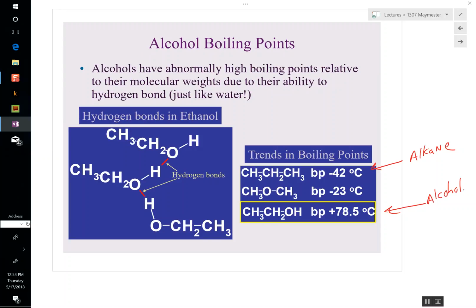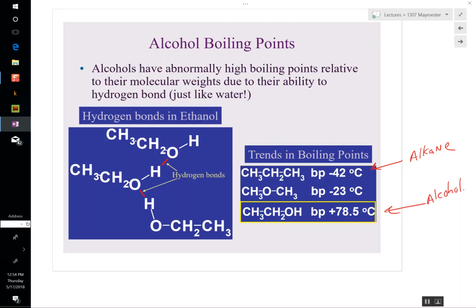Propane boils at minus 42 degrees centigrade. Here's ethanol. Now, I don't have 3 carbons here, but I'm replacing a carbon with an oxygen. I have about the same molecular weight. And this thing boils at almost 80 degrees centigrade. Minus 40 up to 80, 120 degrees higher boiling point.